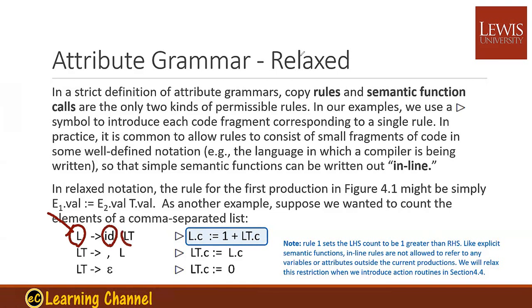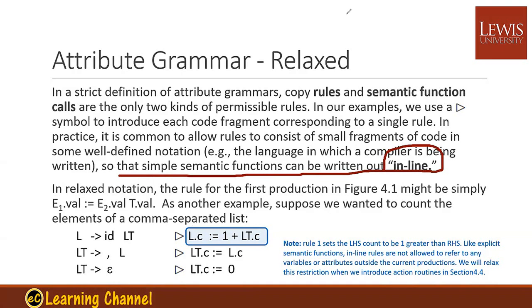List is ID and concatenate with this tail. So this plus sign actually is concat. Right? Is that okay? Makes sense. Or if you use it as a counter, then you count how many symbols are there. You can use a plus. So relax in the strict definition semantic function. The symbol can be written inline. You go to counter, comma separate. Not important.